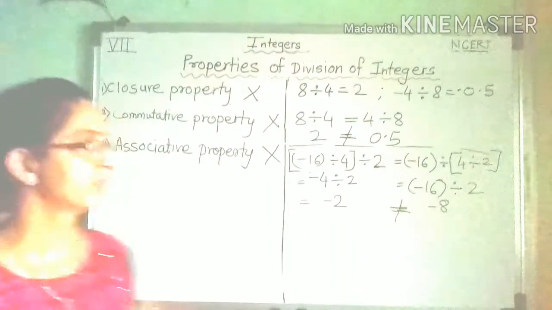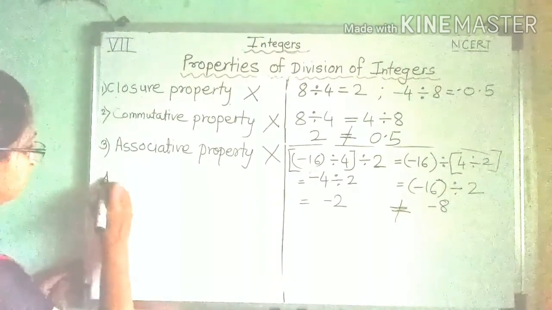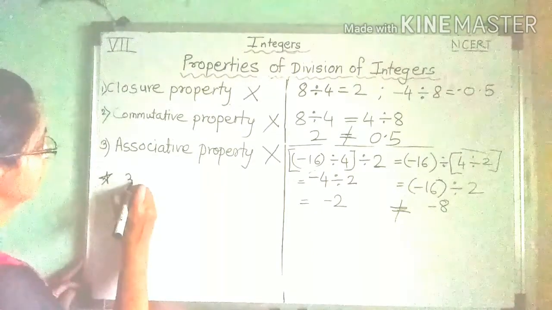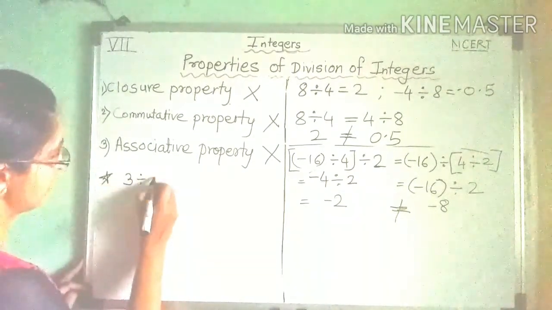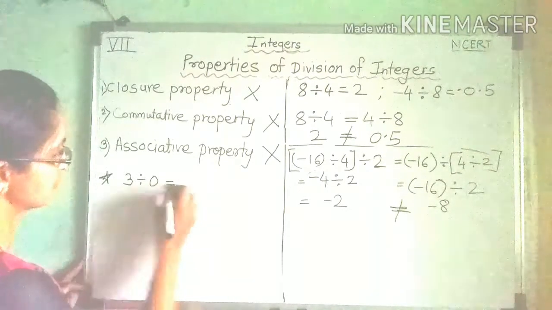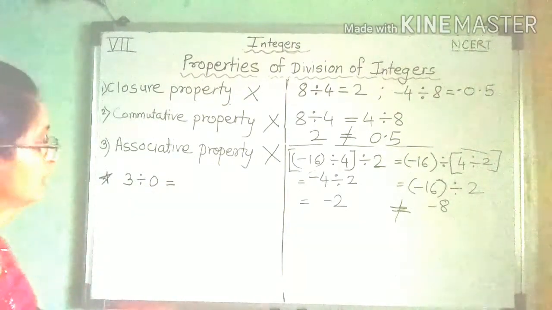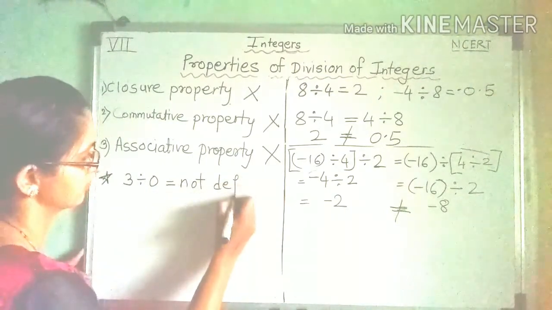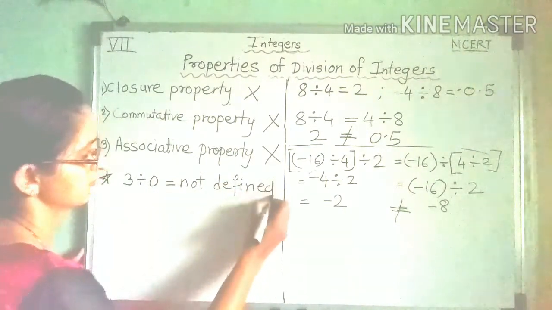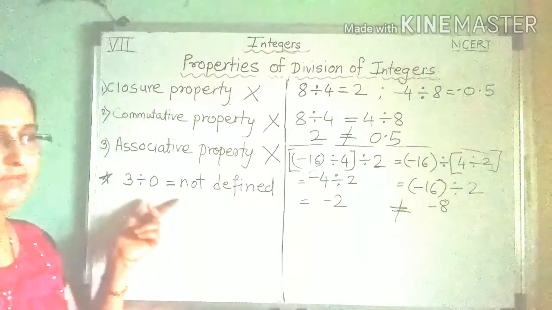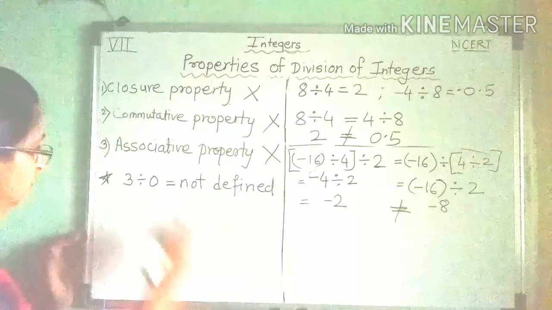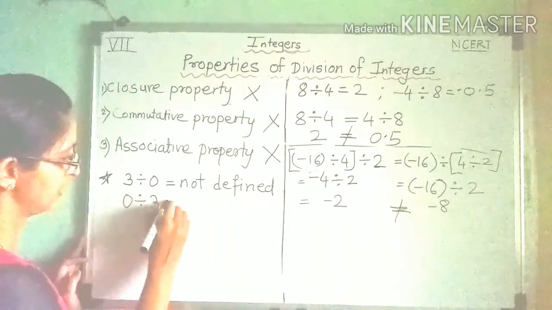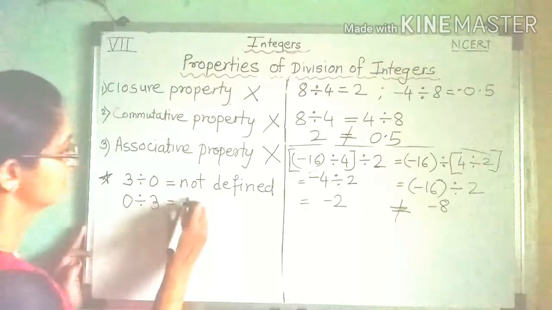Now next, any integer, that is 3 or 4, any integer divided by 0, what is the quotient? It is meaningless, that is not defined. Any integer divided by 0 is not defined, but 0 divided by any integer is 0.